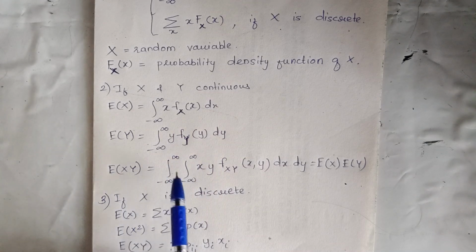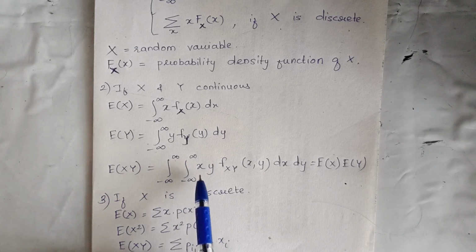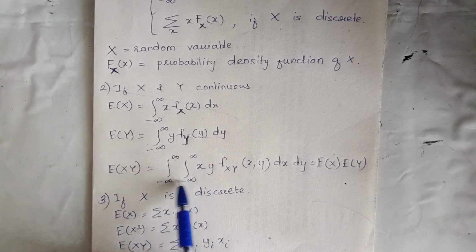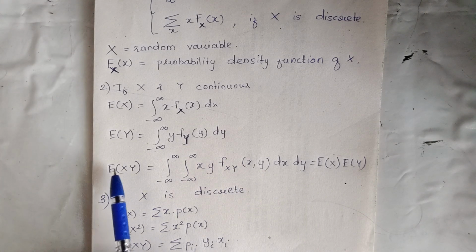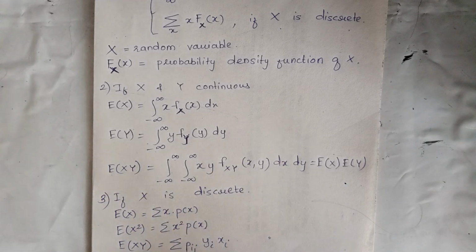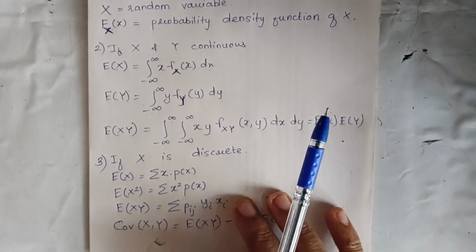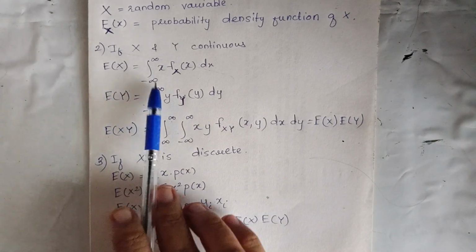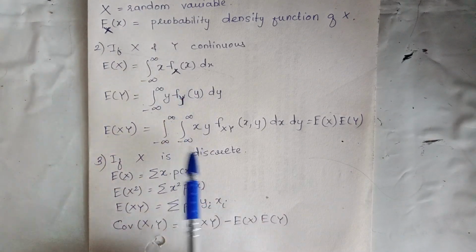And for E(xy), we define it by double integral, from minus infinity to infinity, both same limits, x y f(x,y) for the function xy, and this E(xy) is equal to E(x) into E(y). Here we have to integrate first with respect to x, then with respect to y. So please go through the integration process, we'll need it here.